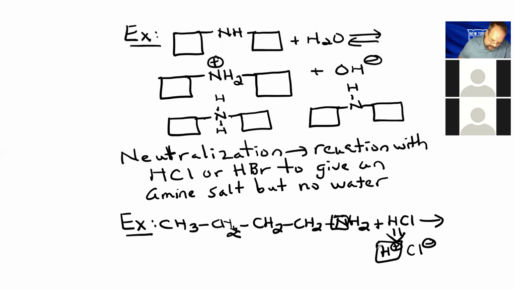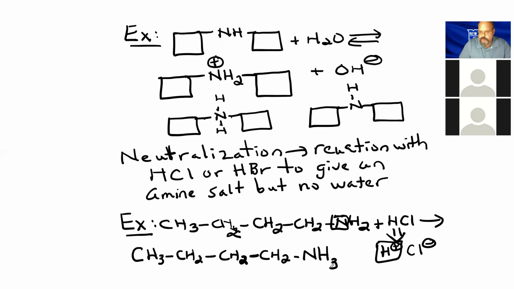So when I draw the product here, everything stays the same until I get to the nitrogen. Now, again, the nitrogen started out with 2 hydrogens. When it picks up a proton from the acid, the nitrogen now has 3 hydrogens total.